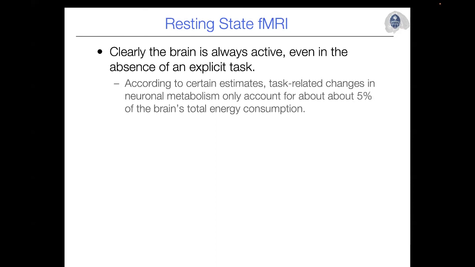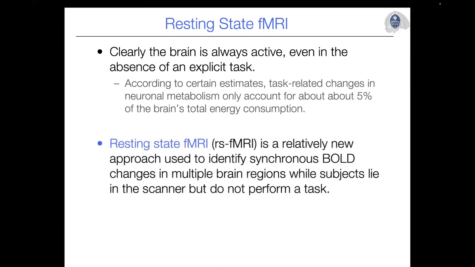But some 20 years ago, it was found that, of course, the brain is always active, even in the absence of an explicit task. Even if you're not performing a task, your brain is working in some way. And so people got very interested in scanning what people looked like while they were resting.